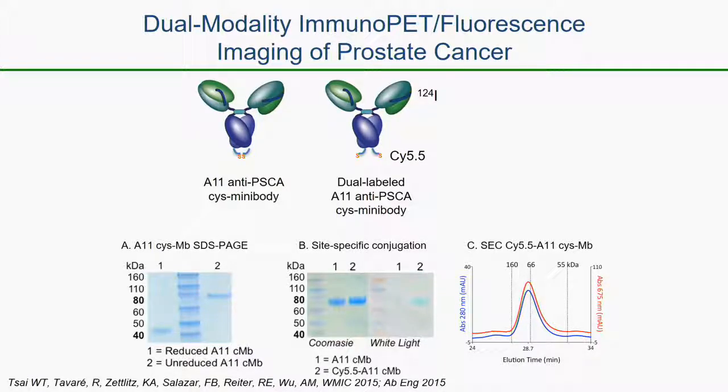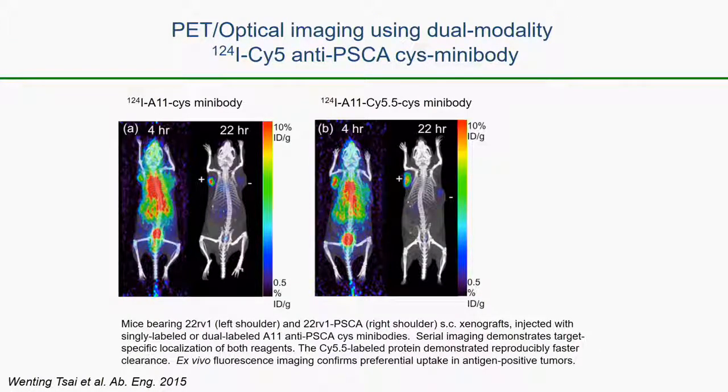But regardless, you can see here some of the characterization by SDS-PAGE and by size exclusion, showing you the co-migration of the dye with the protein. And this is what happens when she then injects tumor-bearing mice and images them first by PET and then by optical imaging.